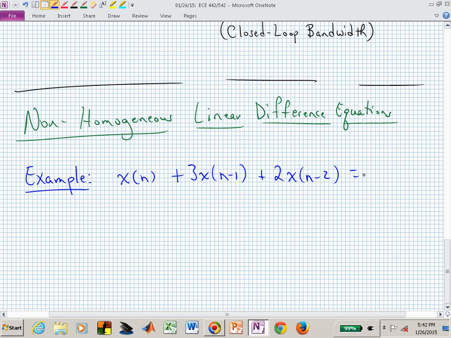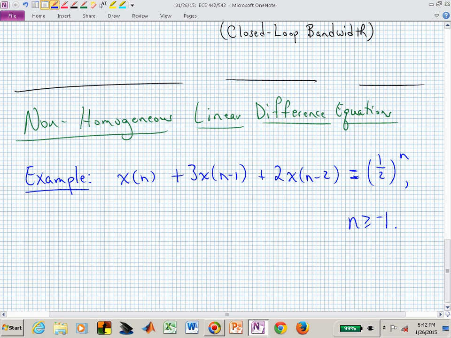And let's now drive that with a signal that's 1/2 raised to the nth power. And let's say this equation is valid for all n, little n, that's our time index.